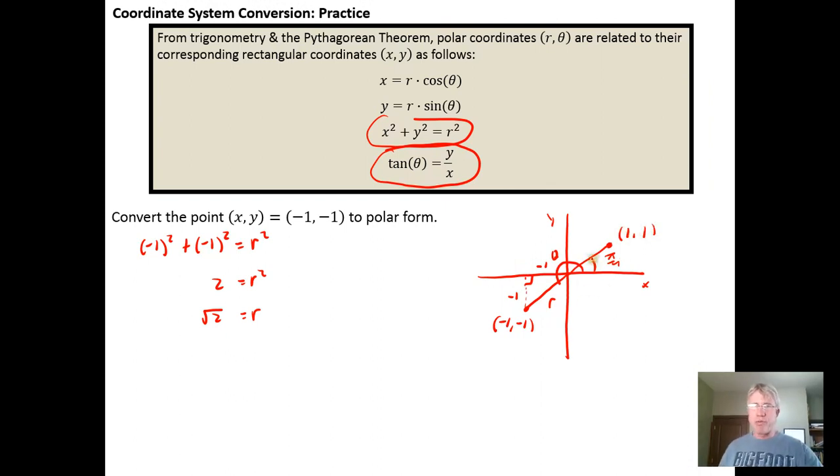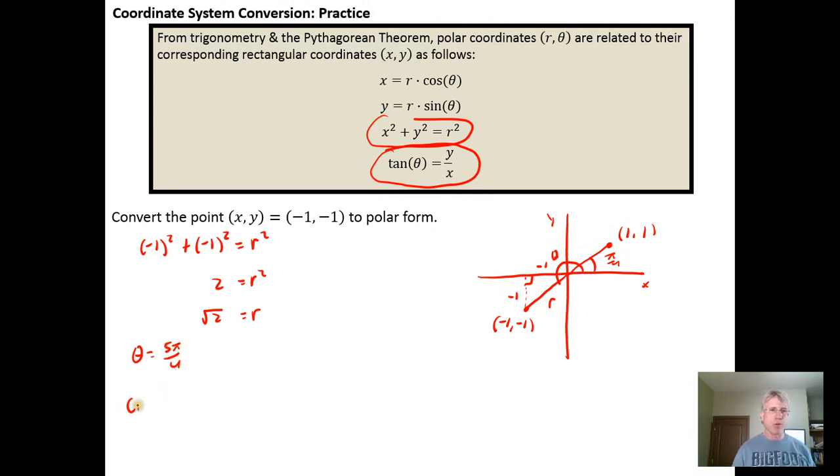So if it's pi over 4, it's going to be 2 pi over 4, 3 pi over 4, 4 pi over 4, 5 pi over 4. I could just count my pi over 4s to get the angle theta. So theta equals 5 pi over 4.